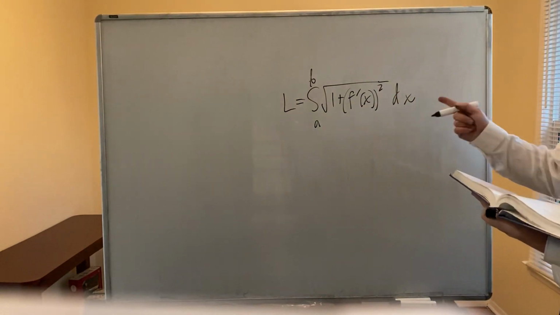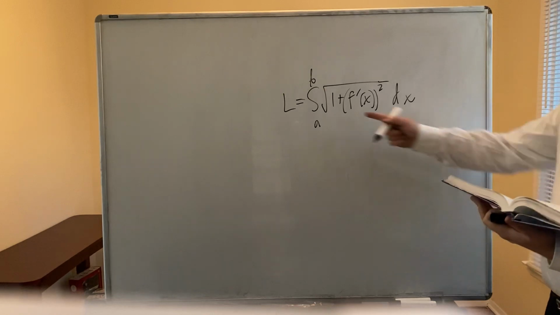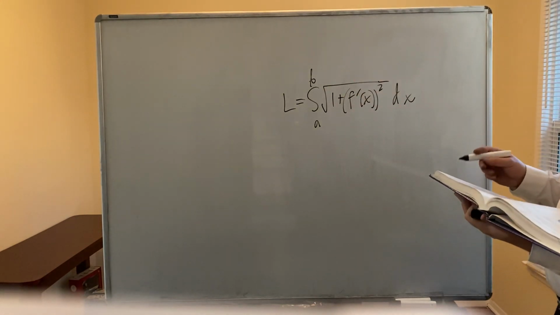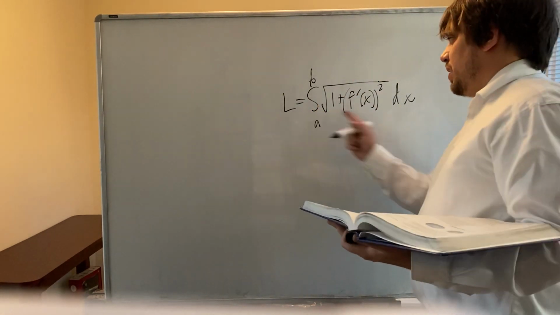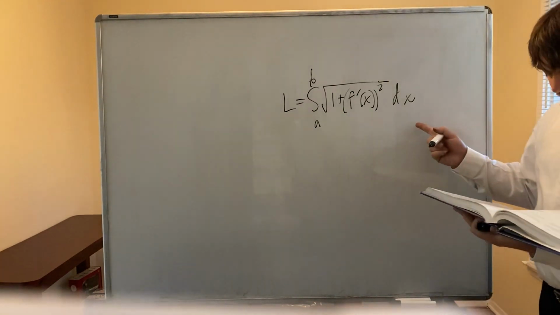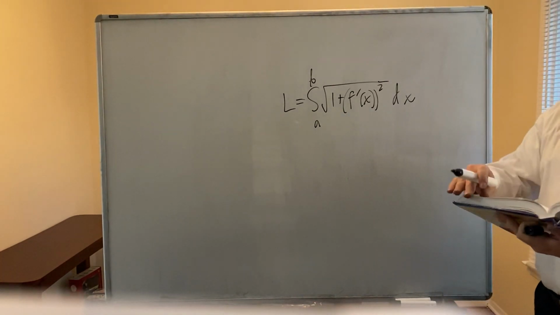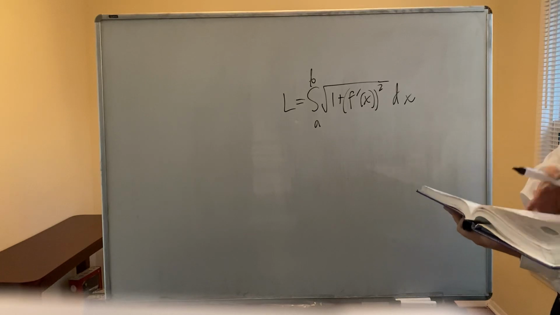Okay, this is if f prime is continuous on the interval a comma b, and the length of y equals f from a to b is this. So this is the arc length formula. So this is how you compute the arc length.